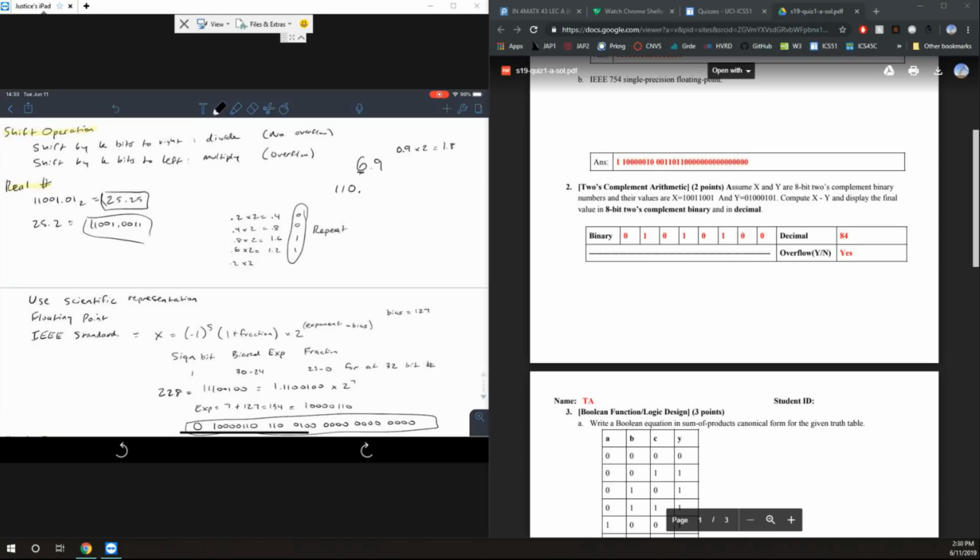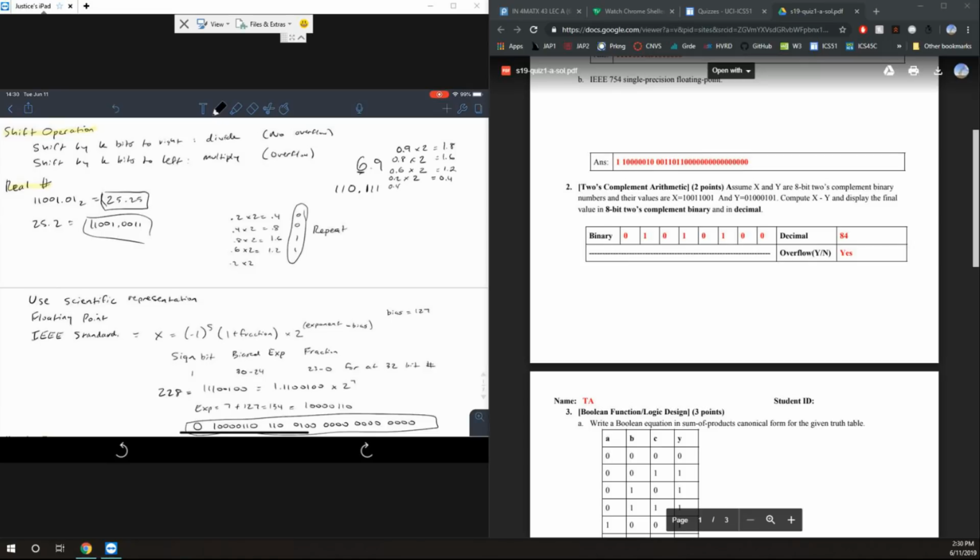This is 1.8. Because it's a 1, we take that 1 and we put it there. And now we have 0.8. We times it by 2, that equals 1.6. There's another 1 there, so we get that. Now we have 0.6 times 2. That's 1.2, once again a 1. And now I have 0.2 times 2. Well, this is only 0.4, which means we're not going to put a 1 here.